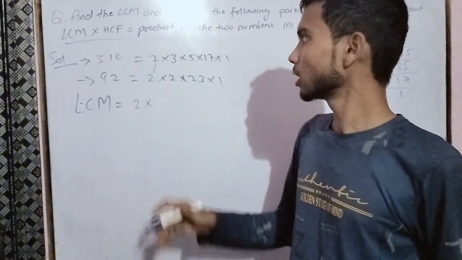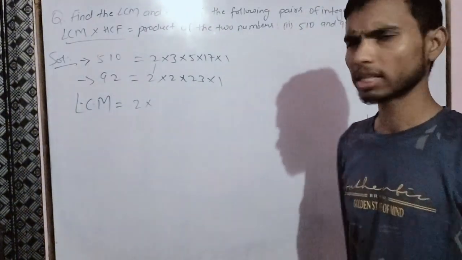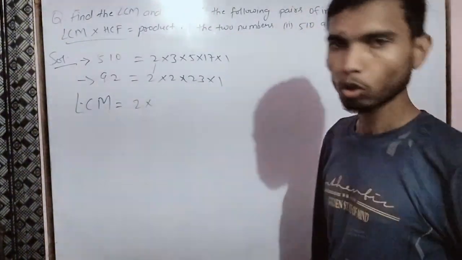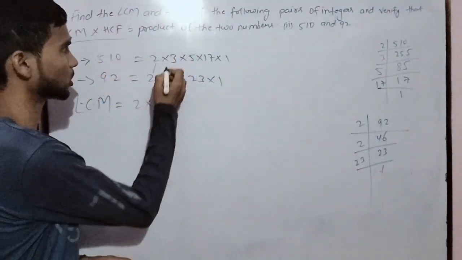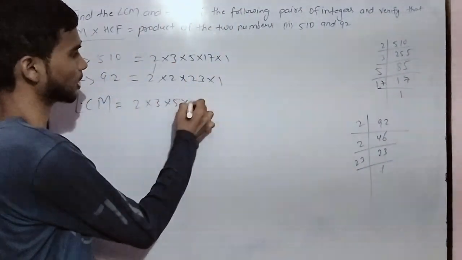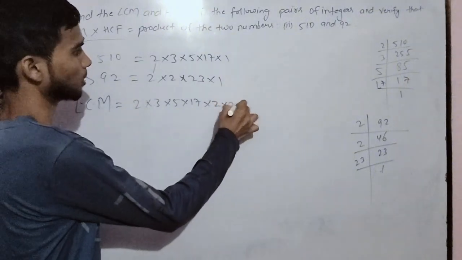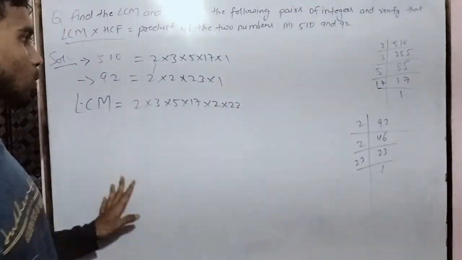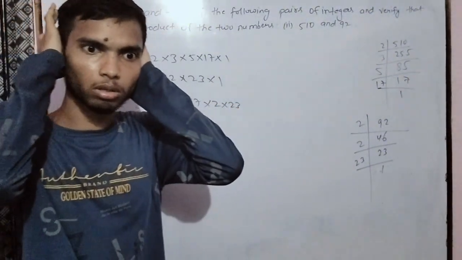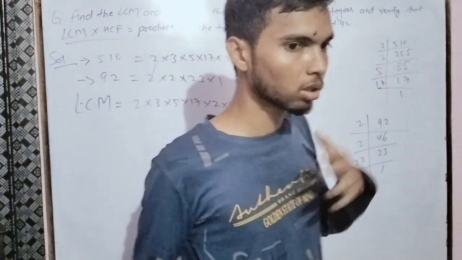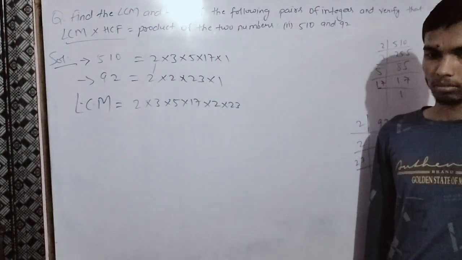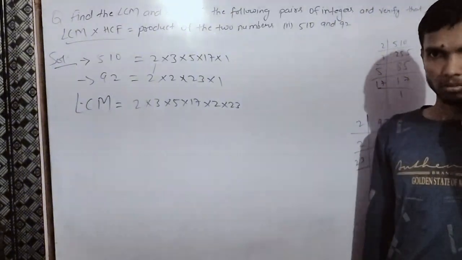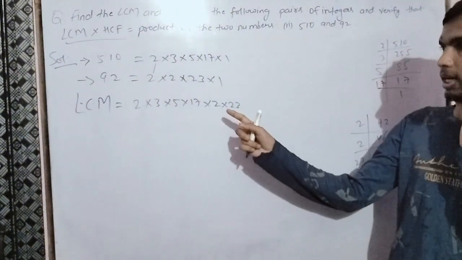So only 2. Now whatever is left, which are not common numbers, we will write. So 3 multiplied by 5 multiplied by 30 multiplied by 2 multiplied by 23. That's how you will find the LCM.